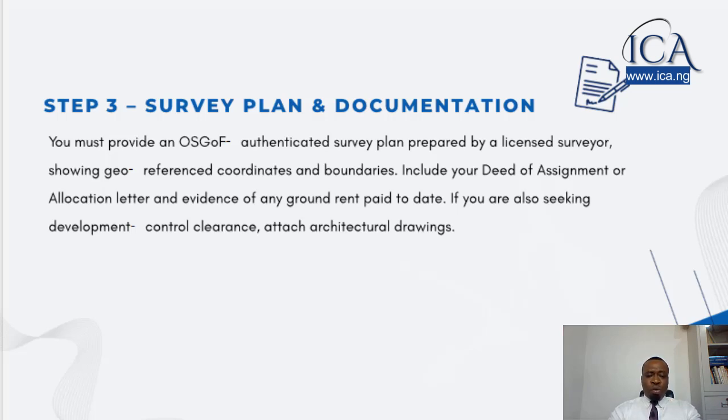With regards to the documentation, you should also include your deed of assignment and/or allocation letter and evidence of any ground rent you have paid so far. If you are seeking a development control clearance, it's expected that you attach your architectural drawings.